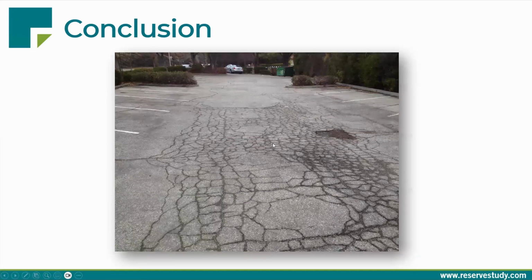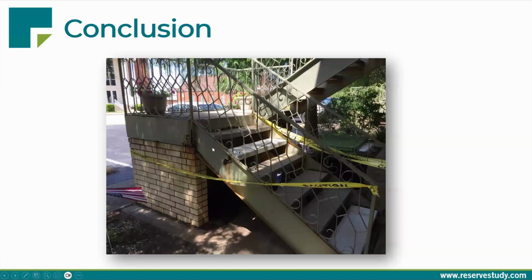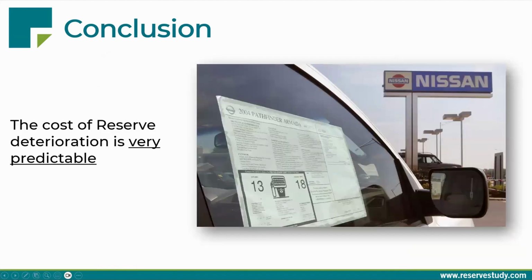We've always seen asphalt alligator cracking and potholes. That's when the owner doesn't take care of it. Or this stairwell: when the owner doesn't take care of the metal work, it's going to rust, it's going to deteriorate, and become a safety hazard. We all understand this concept. We've all seen a new car lot where they talk about the cost to operate the vehicle.